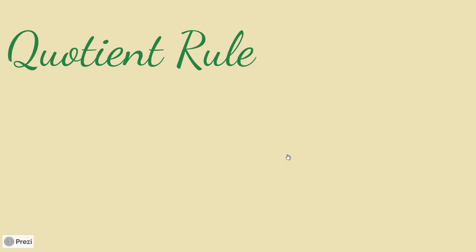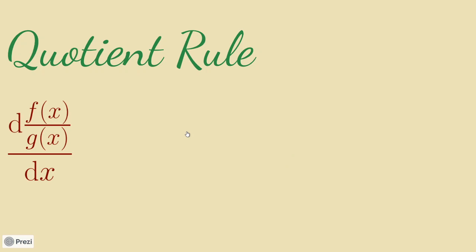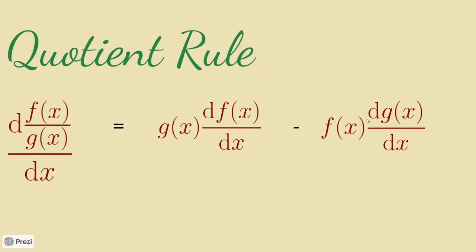Okay, now the quotient rule is this: d by dx of a quotient function is second function, if this is the first and this is the second function, into differential of first function minus first function into differential of second function, whole divided by second function whole square.